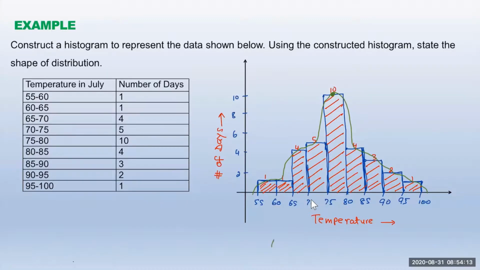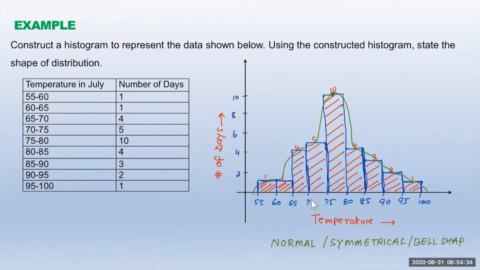We are asked to write what type of distribution this is. What is the shape of the distribution? It is a normal distribution, or you can say it is symmetrical. I told you it is also called bell-shaped.